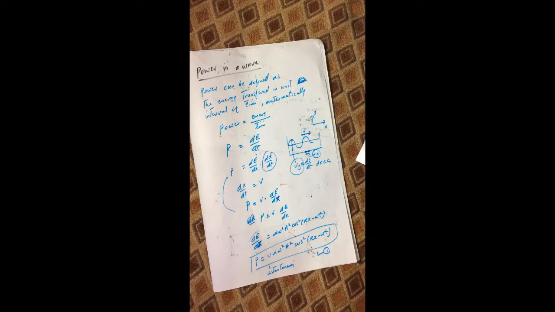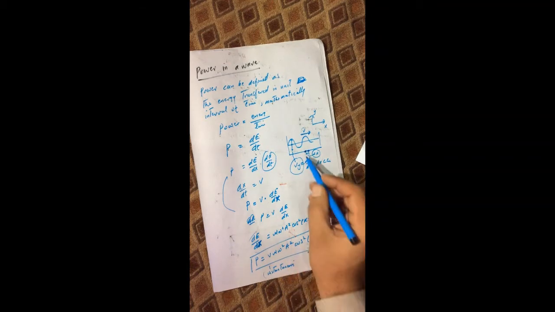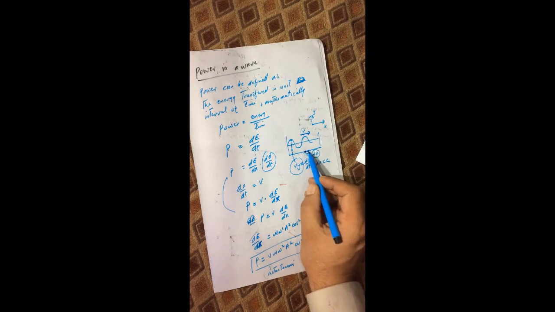Now we will calculate how much power a wave transmits during one period, like one period of time, how much energy is transmitted. That is the power transmitted during one period, or one wavelength distance, or one complete cycle.